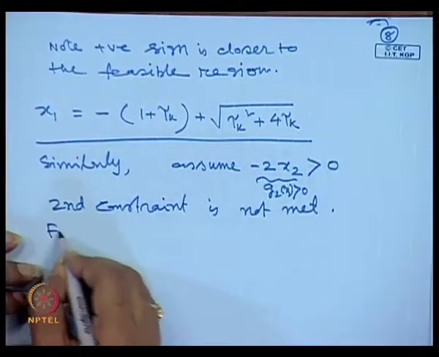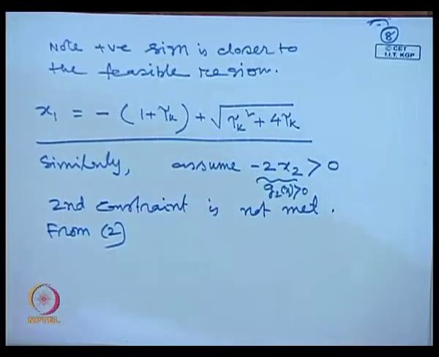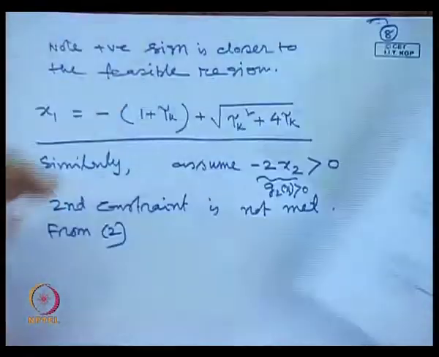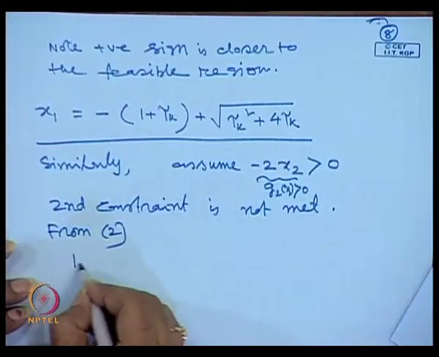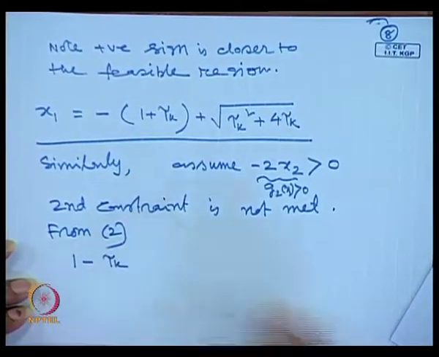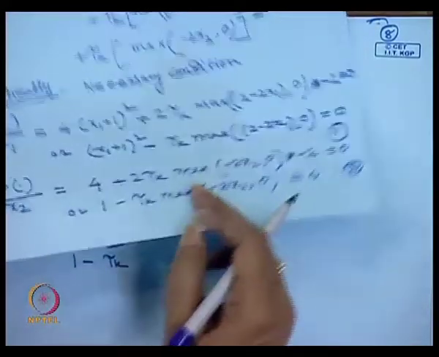So, from equation 2, that one you just see, from this equation 2, that necessary condition from equation 2, we can write it 1 minus tau k, because this quantity is positive. So, I will write it minus 2 k.